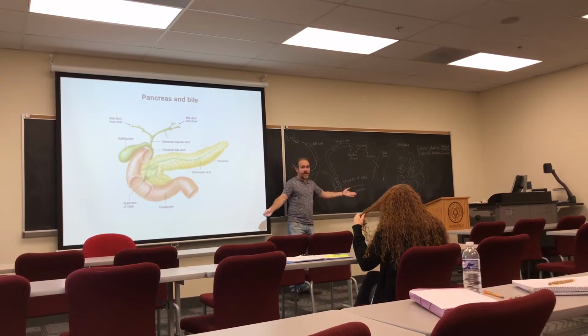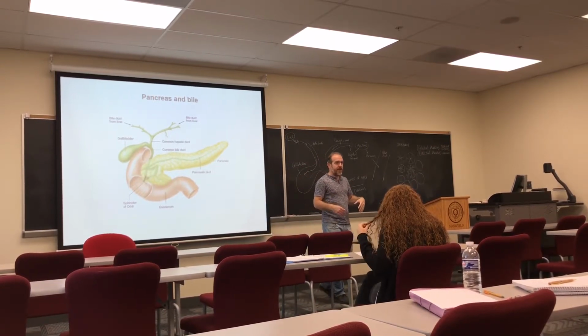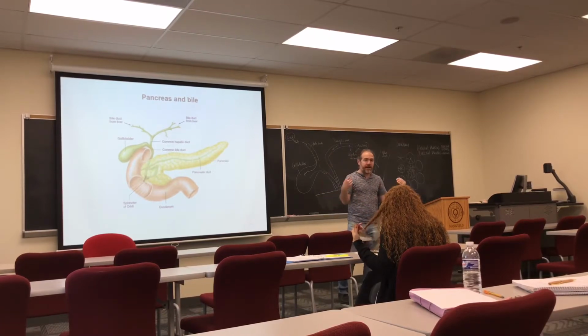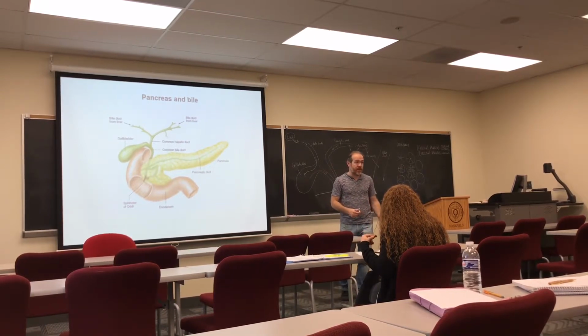That makes total sense, because if you don't have any food to digest, and you keep adding bile and digestive enzymes into an empty duodenum, you're not digesting anything, but what you're doing is wasting energy and resources, right? So you need to discharge the bile and the digestive enzymes only whenever there is food in the duodenum, right?